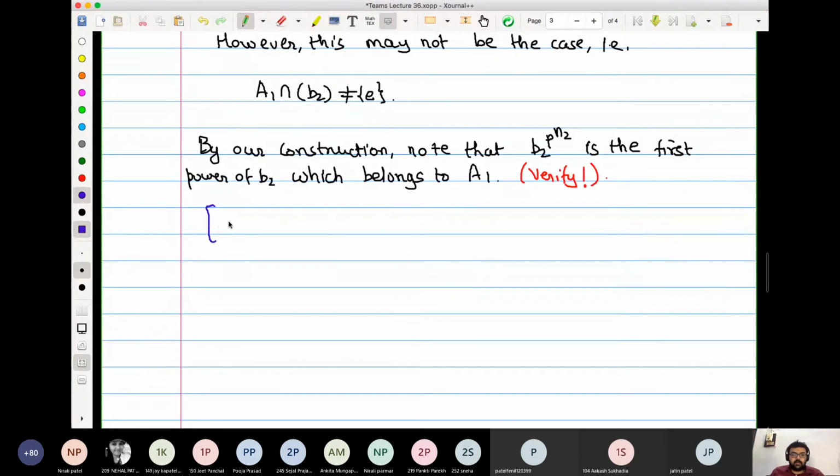I'll give you a hint. What we have to show is that B2 power K does not belong to A1 for K less than P power N2.